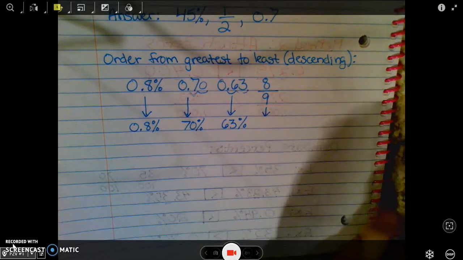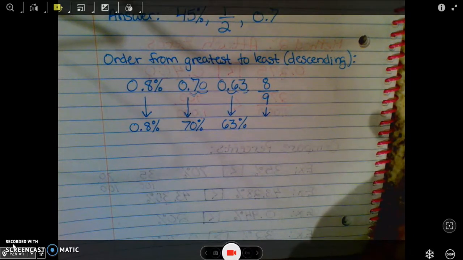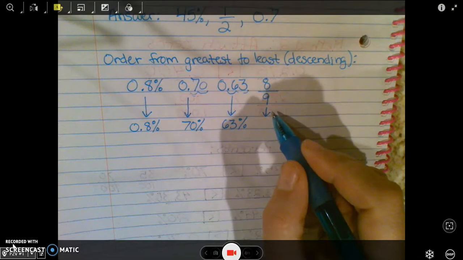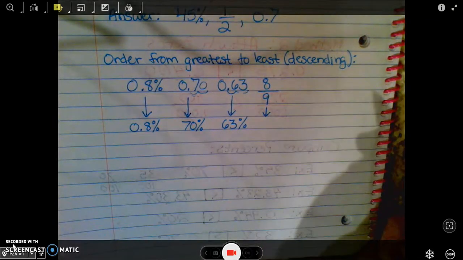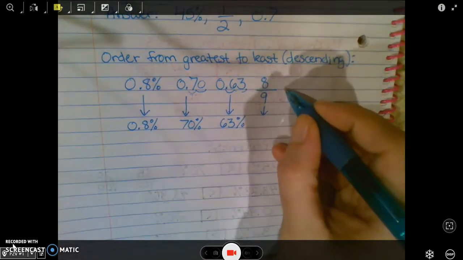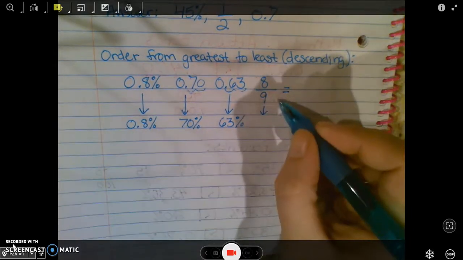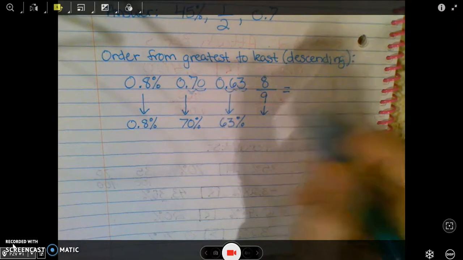And this is actually probably the trickiest one right here, the 8/9. So we talked about a trick for converting ninths as a fraction into a decimal. So 8/9 is going to be a repeating decimal. I'm going to do this over to the side here. It's on the end, so it works out well. I can write it next to it. And the numerator for ninths is the repeating decimal.